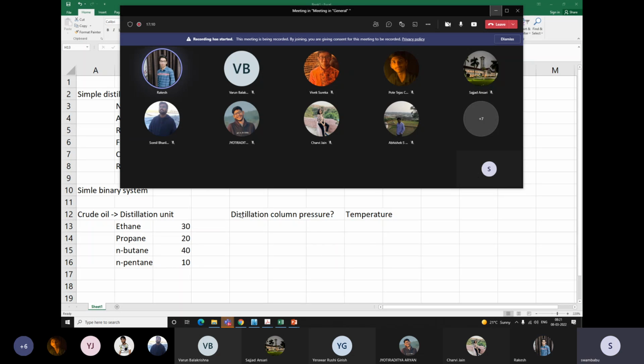Yes, sir. Okay. So ethane, propane, butane: are they gaseous or liquid form at atmospheric pressure? Let's say atmospheric temperature, room temperature.